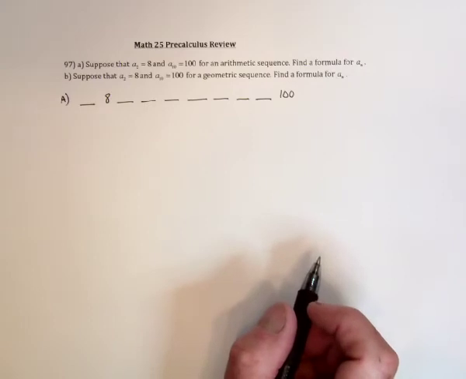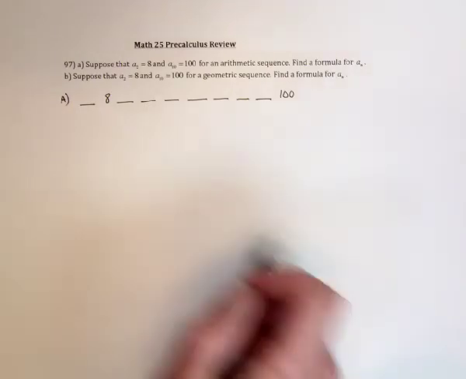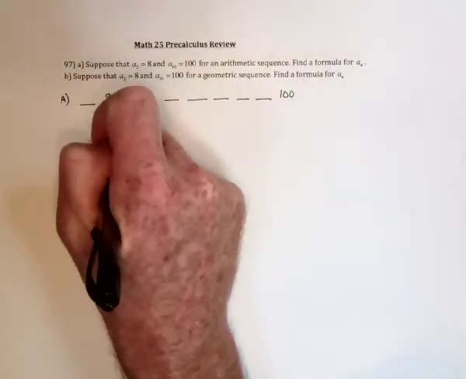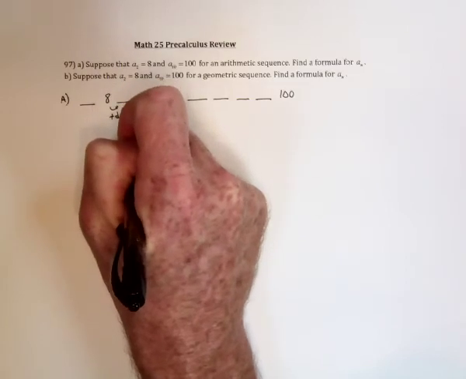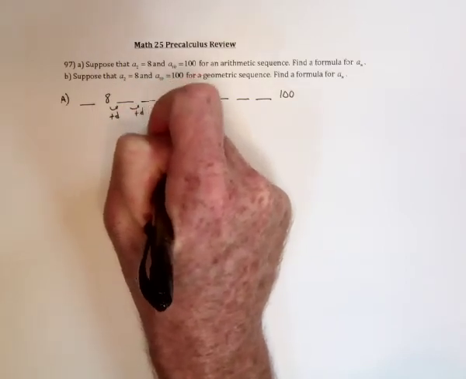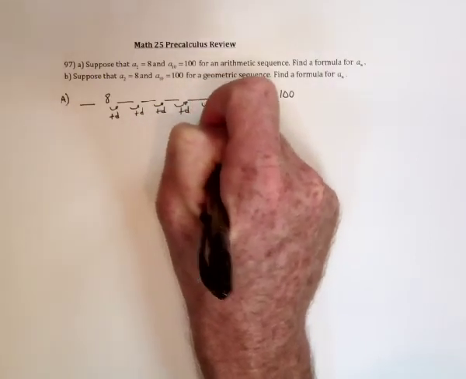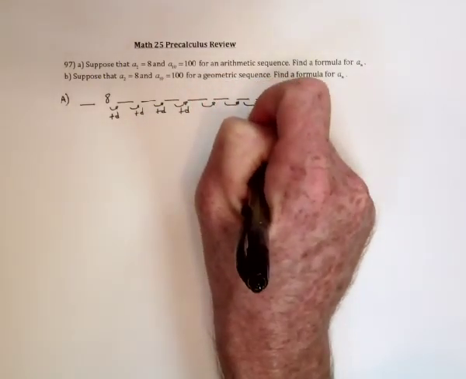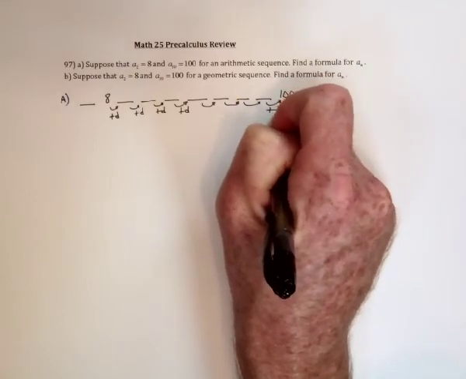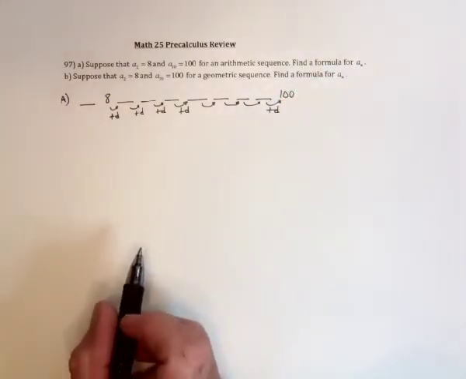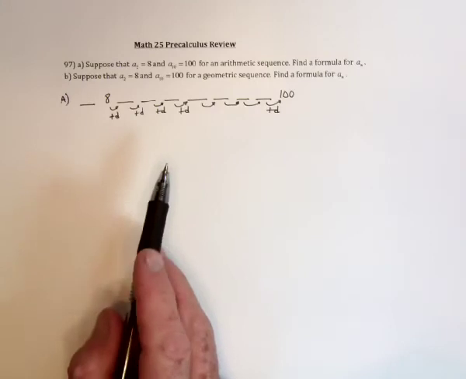Since this is an arithmetic sequence, then the same number was added on each time. So all I have to do is figure out how many d's it takes to get to the 100. How many d's would that be?